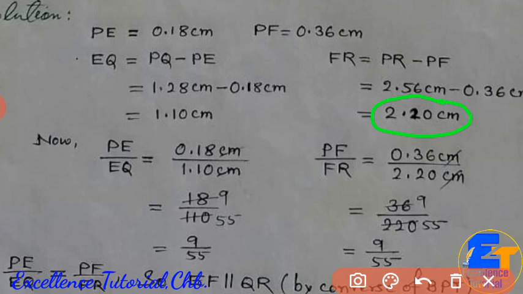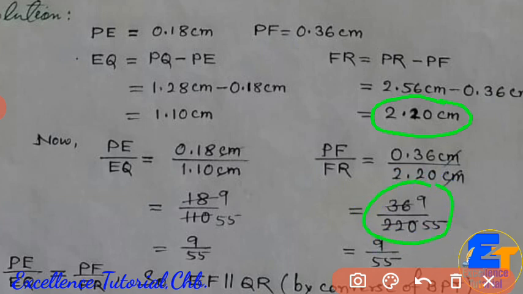Since both numerator and denominator have decimals after 2 digits, in the next step there is no need of showing the decimal. So the fraction becomes 36 by 220, which is divisible by 4. So we cancelled in this step, and we got the ratio 9/55.